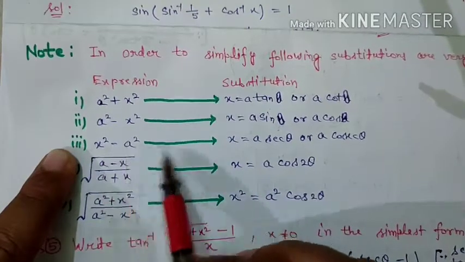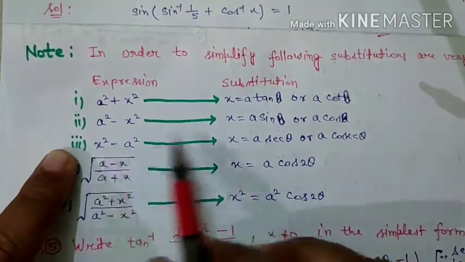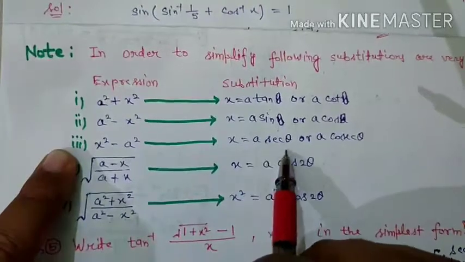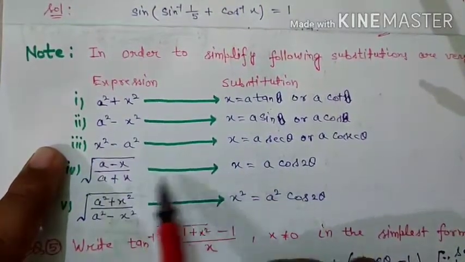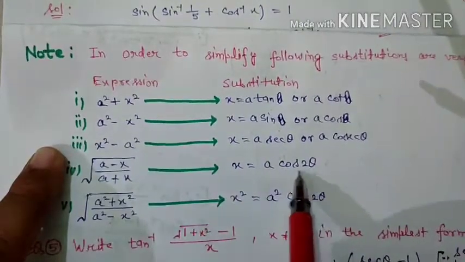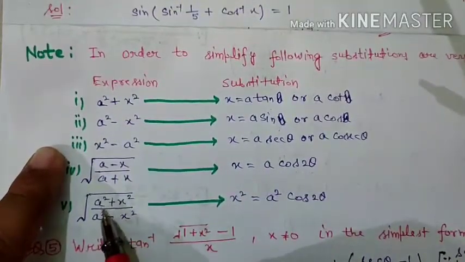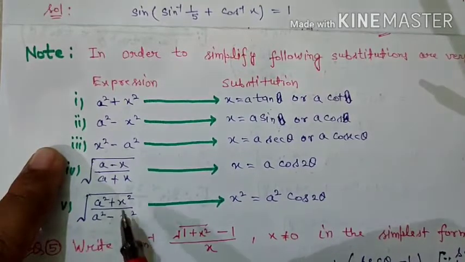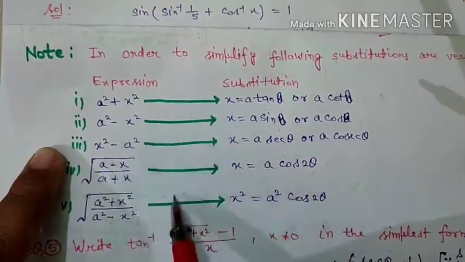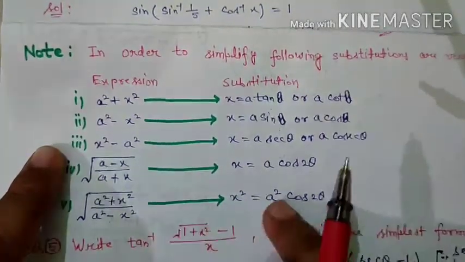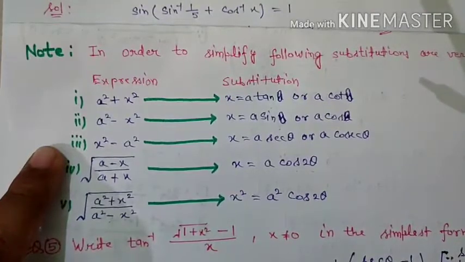For x square minus a square, we can substitute x by a sec theta. For root of (a minus x) upon (a plus x), we can substitute x by a cos 2 theta. Similarly, for (a square plus x square) upon (a square minus x square), we can substitute x square by a square cos 2 theta. If you remember this, these kinds of substitutions can be very helpful while solving questions.